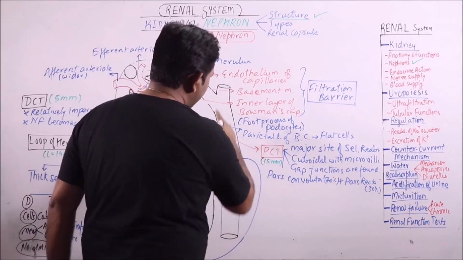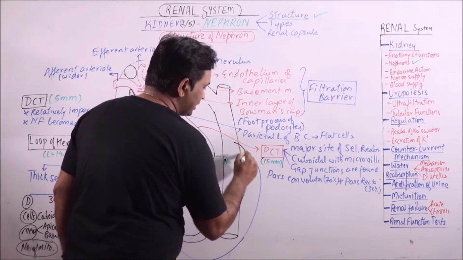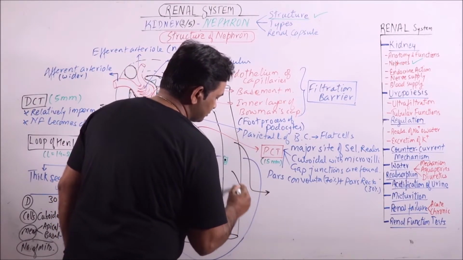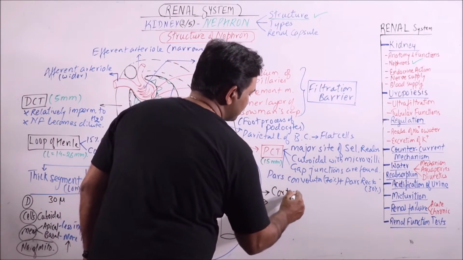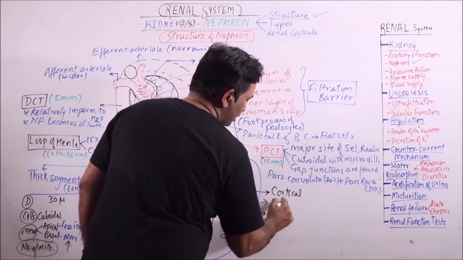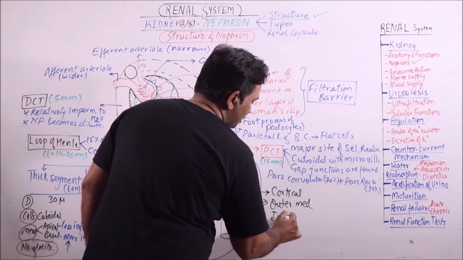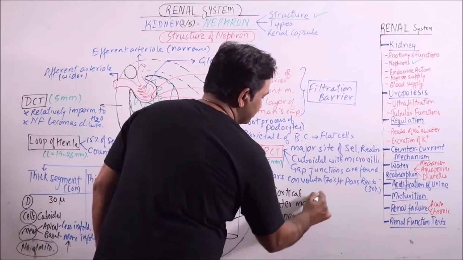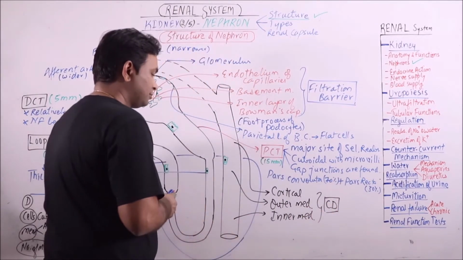Now the next structure is this, that is collecting duct. So a collecting duct is having three parts, that is cortical part, outer medullary part and inner medullary part. So this is collecting duct.